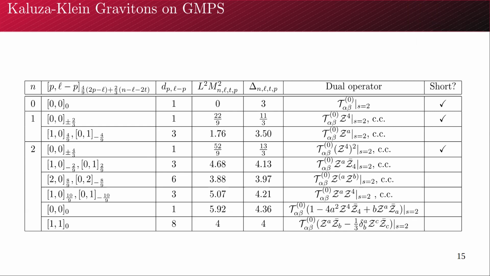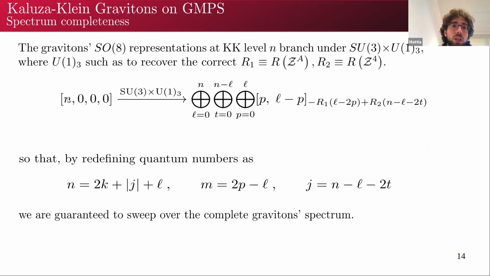So you identify the dual operators in terms of group theoretical quantum numbers. Yeah, of course. What I mean is, for example, one can start branching the 8_v, which is the vector representation of the SO(8).